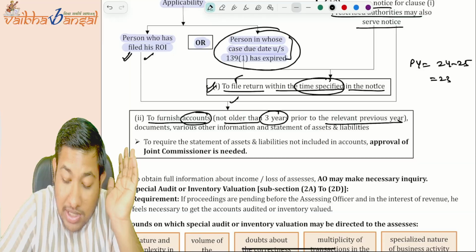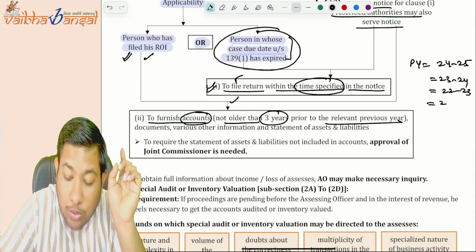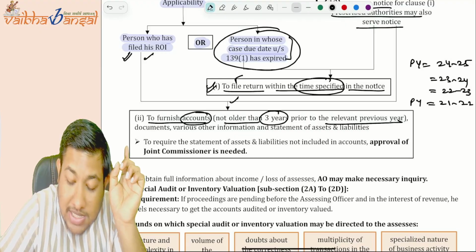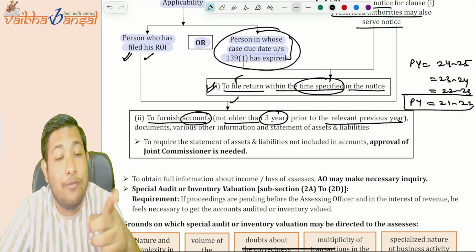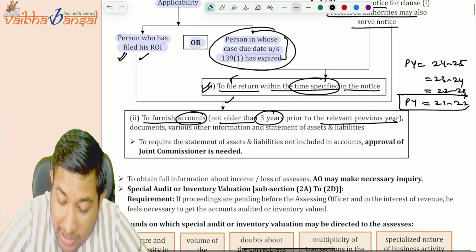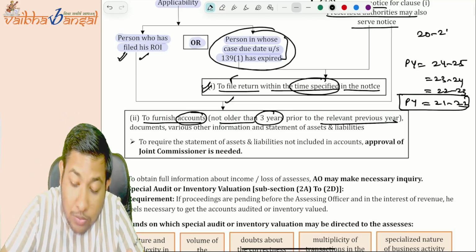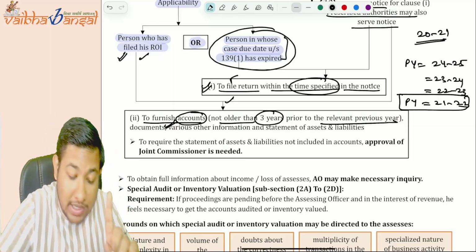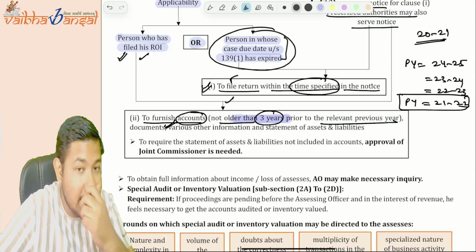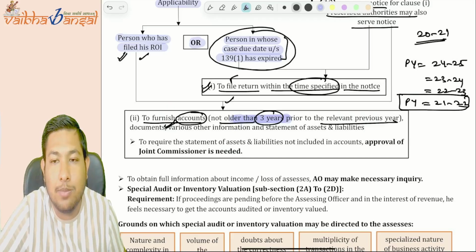For period 23-24, 22-23, 21-22. This is the last date till where he can ask for the accounts. He cannot ask for the accounts for 2021 because for the accounts part, there is a restriction that it cannot be asked for more than 3 years prior to the relevant previous year.